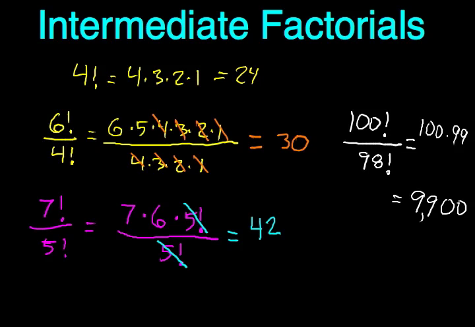Let's try a couple more examples. What happens if we were to have 6 factorial over 4 factorial times 2 factorial? Now again, we're going to have to do some creative canceling.